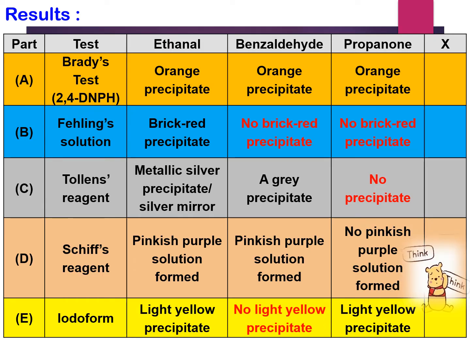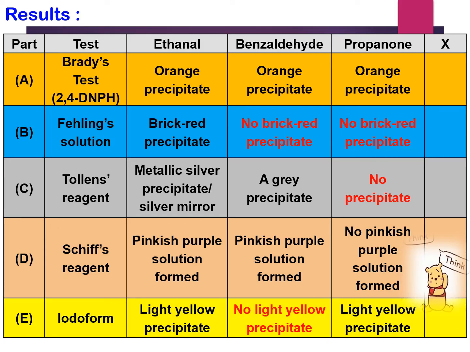For part C test, which is Tollens' reagent test, the ethanol compound will show a result of metallic silver precipitate or a silver mirror. For benzaldehyde, there is a gray precipitate, and for propanol, there is no precipitate at all.